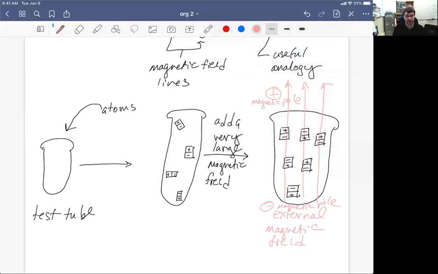The way I have this depicted in this instance, the negative magnetic pole is down and the positive is facing up.